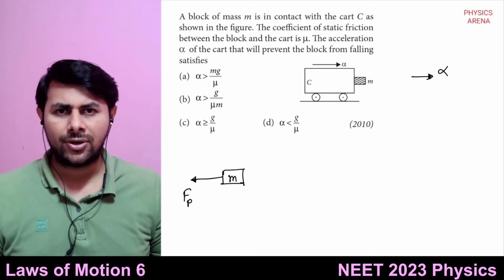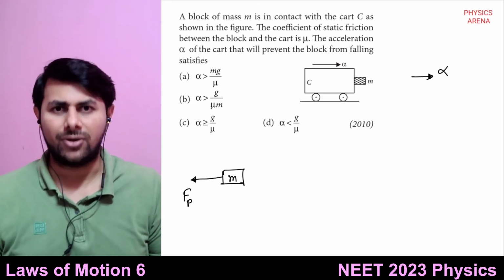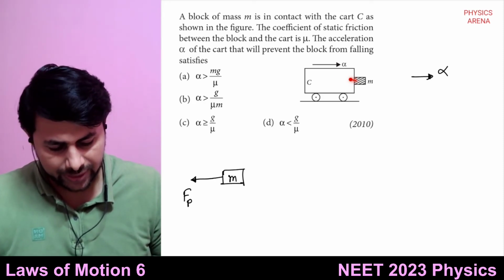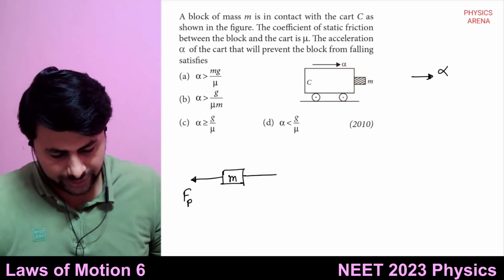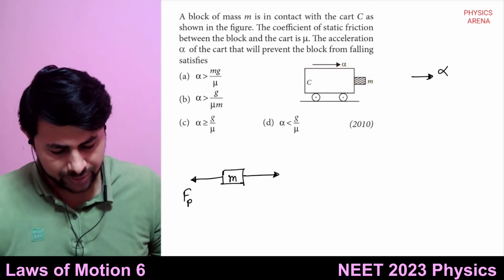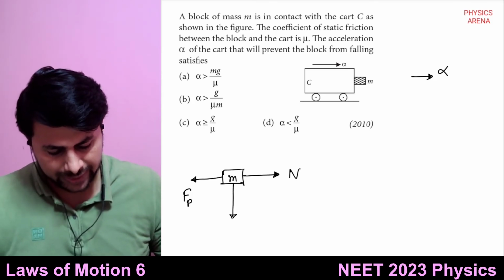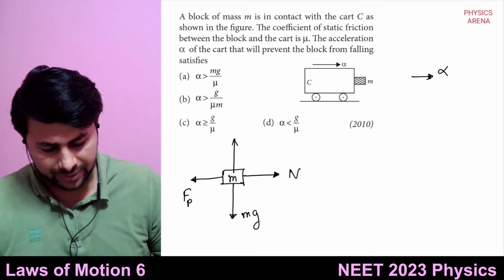And now let's draw all the real forces acting on that person or the block. So what are the real forces? The normal reaction due to this cart, it acts like this. And the gravitational force acts downwards, and the frictional force acts upwards.